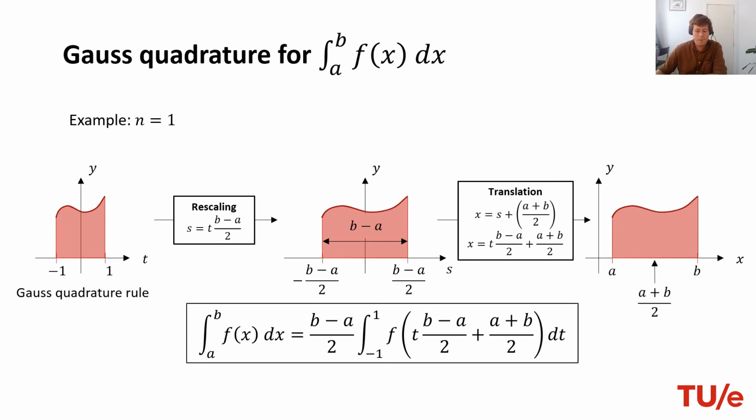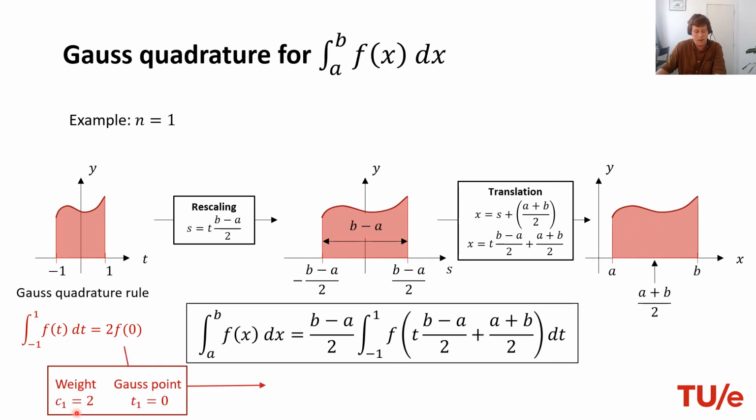So an example for such a Gauss quadrature rule is n equals 1, and we already found that for n equals 1, the Gauss quadrature rule on the interval from -1 to 1 is 2 times f evaluated at 0. And we can then transform this to a general interval from a to b. So we know that the weight is equal to 2, the Gauss point is equal to 0.